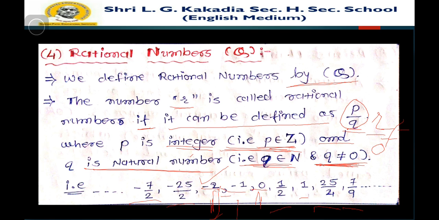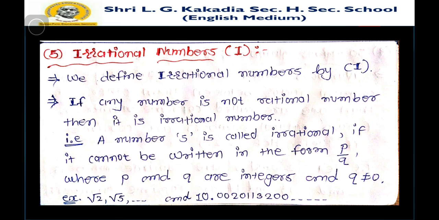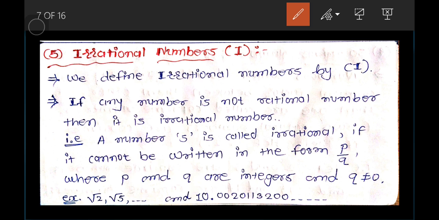So let's talk about irrational numbers. We denote irrational numbers by I. Now, what is an irrational number? If any number is not a rational number, then it is an irrational number.